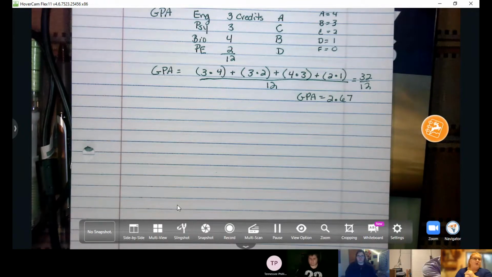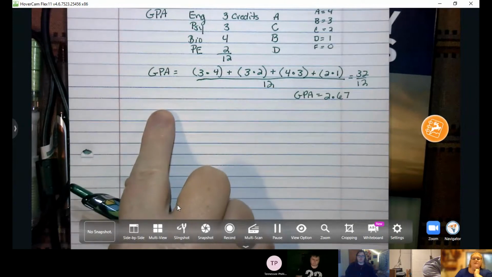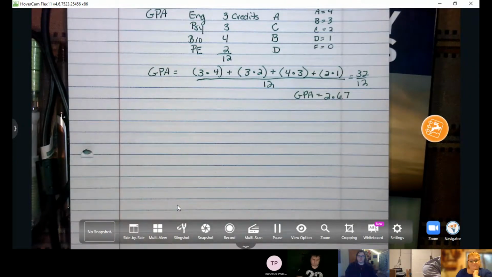So that's doing a weighted means type of problem. So those are situations that you would use that particular type of calculation in.